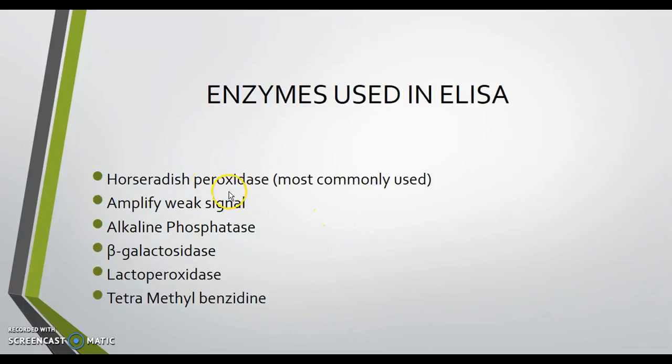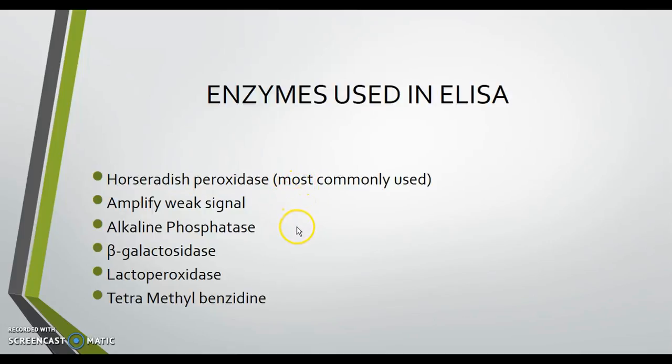These are some of the enzymes that are used in ELISA procedures, such as horseradish peroxidase, alkaline phosphatase, beta-galactosidase, lactoperoxidase, and tetramethylbenzidine. But usually in many ELISA procedures, the horseradish peroxidase is used.